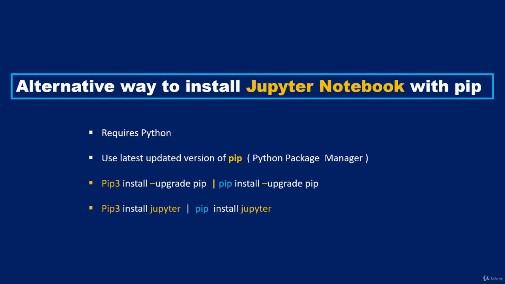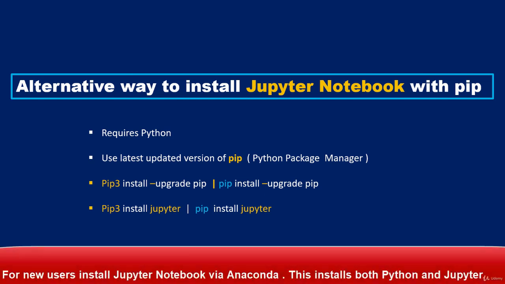If you're doing the installation on a Windows-based computer, you have to do this on the command prompt. For new users, it is highly recommended that you install the Jupyter notebook via the Anaconda way, because if you install Anaconda, Anaconda will also install Python and the Jupyter notebook.